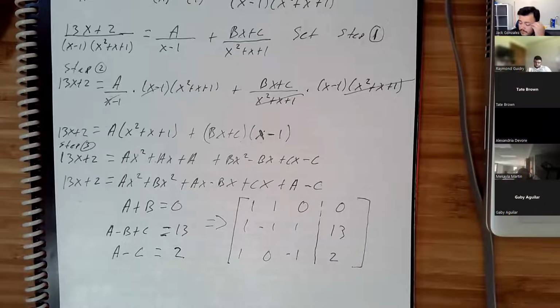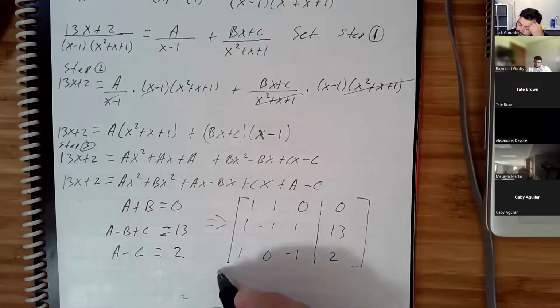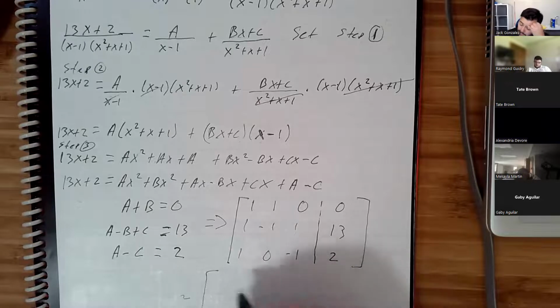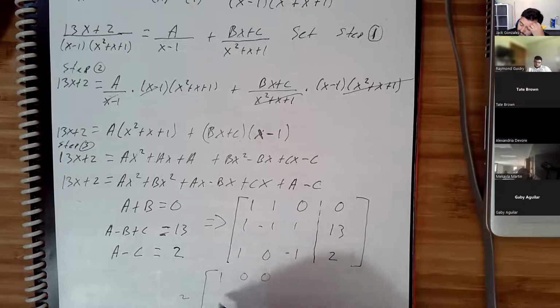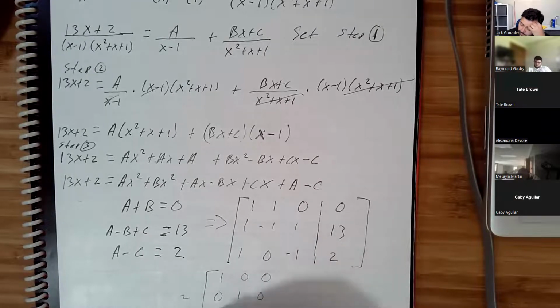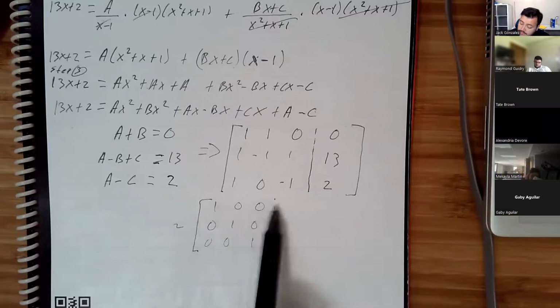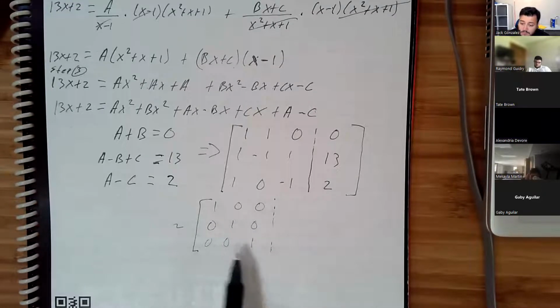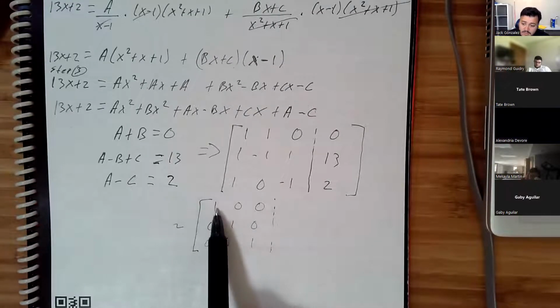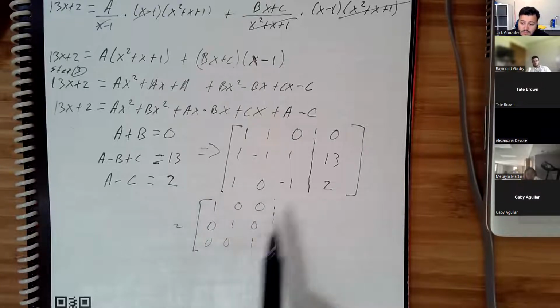So once you solve that, you should get, so when a matrix is solved, it's always going to be this on the left hand side. 1 0 0 0 1 0 0 0 1. So ones along the main diagonal, zeros everywhere else.